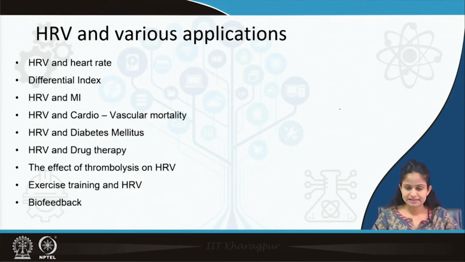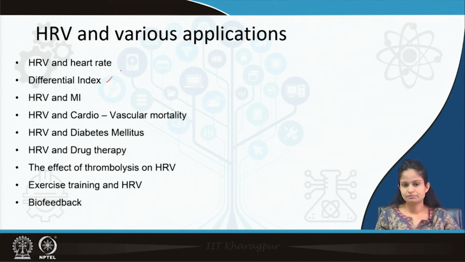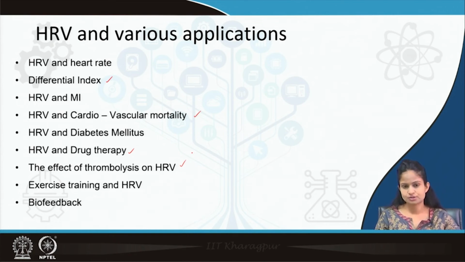Now, heart rate variability and its various applications: we get a differential index, the mortality risk post myocardial infarction, in case of diabetes mellitus, cardiovascular mortality, drug therapy. We want to give various drugs, the effect of thrombolysis on HRV after thrombolytic drugs are given, and then after antithrombotic drugs are given, what is the effect on HRV.